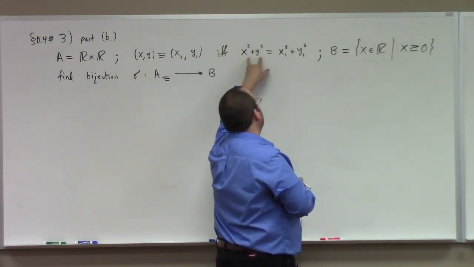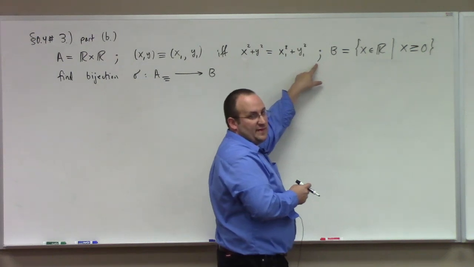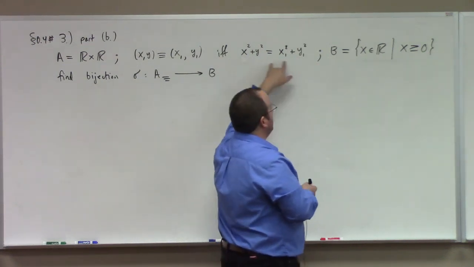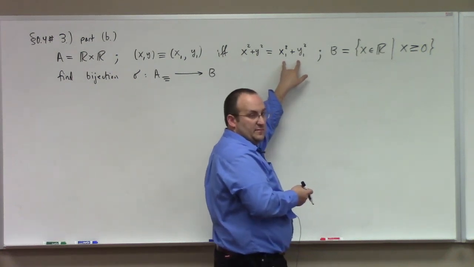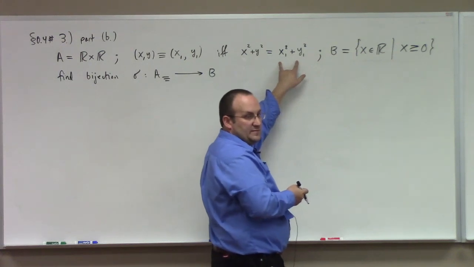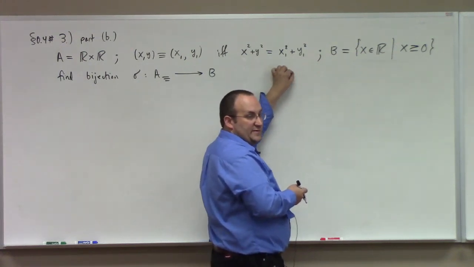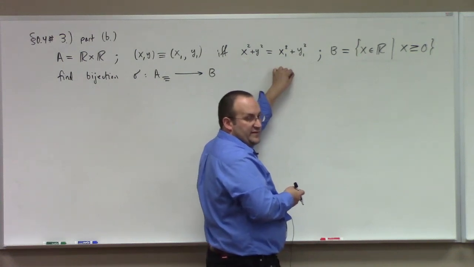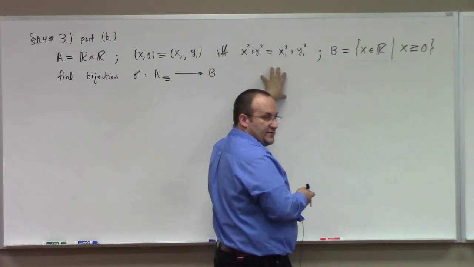So if these are both equal to some other constant, then they're both on the same circle. This means the two points are equivalent if they're on the same circle. Another way of saying it is they have the same distance squared from the origin. The origin is equivalent to itself, but all of the other equivalence classes are concentric circles around the origin.